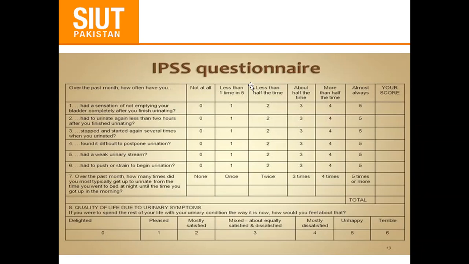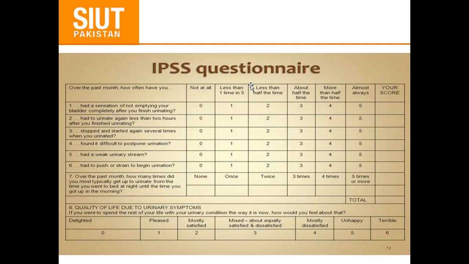You ask the patient, if they were to spend the rest of their life with the urinary condition that they have, how would they feel about it? Delighted, pleased, mostly satisfied, mixed, about equally satisfied and dissatisfied, mostly dissatisfied, unhappy, or terrible, being 6.